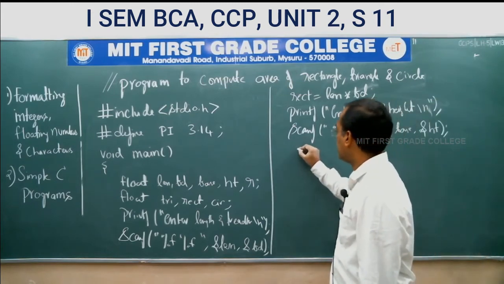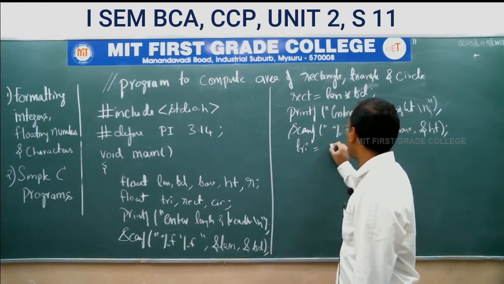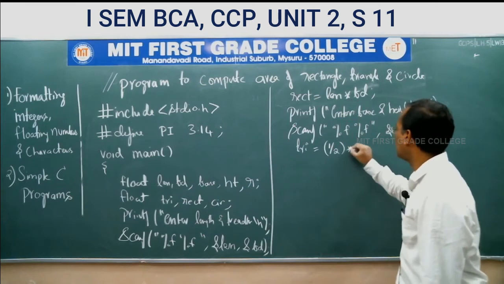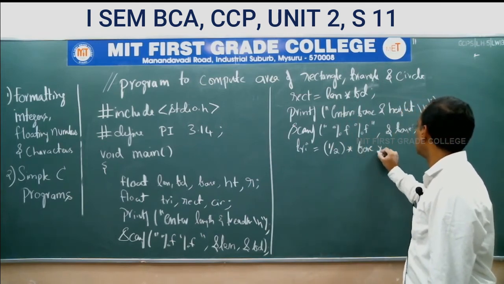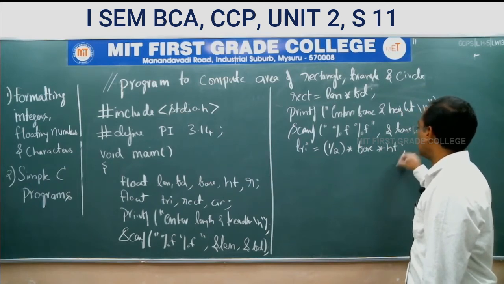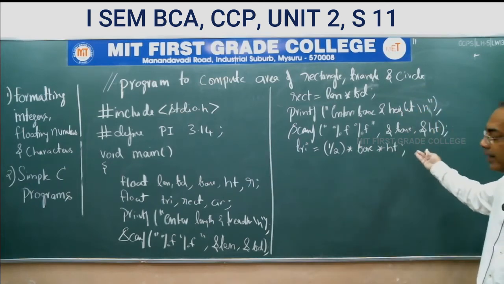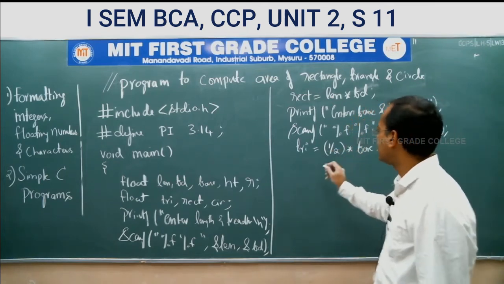Then TRI is equal to 1 divided by 2 into base into height, HT. You can use 0.5 into base into height also. So I am just, for simplicity's sake, using it as it is.